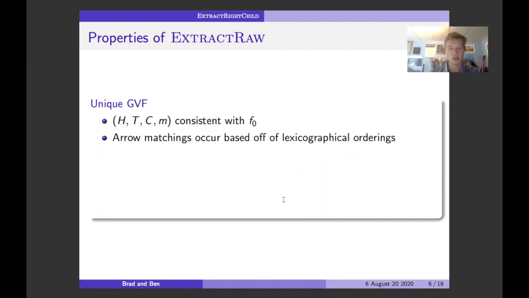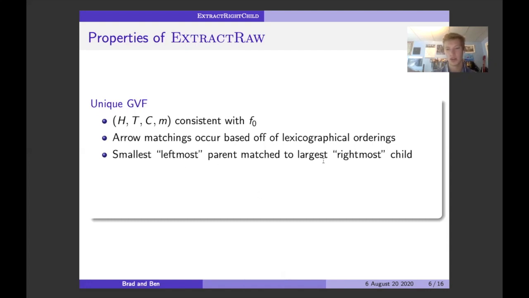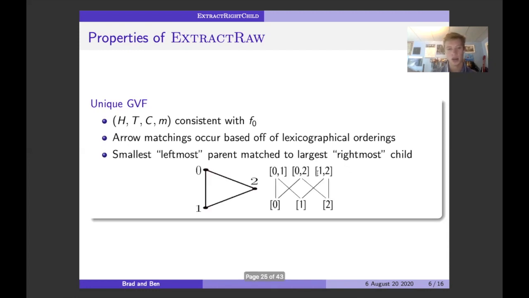We also show, importantly, that all of the arrows on this gradient vector field occur based off of just lexicographical orderings in the Hasse diagram. What ends up falling out of all of these recursions is just matchings between the smallest parent nodes on the Hasse diagram and their corresponding largest lexicographically valued children based off of this initial function.